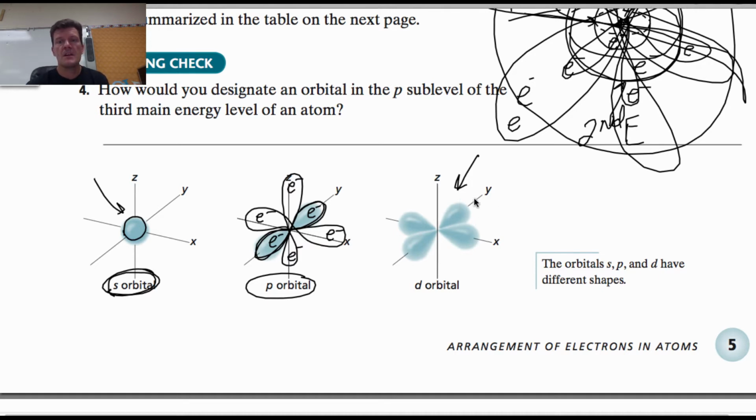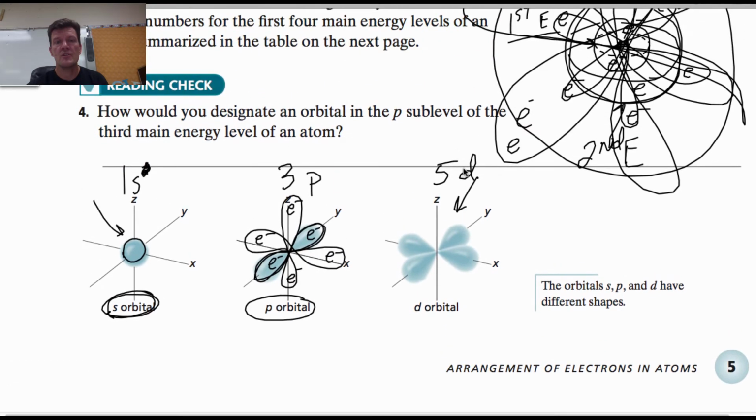I told you there's one s orbital in each energy level. When you get to the second energy level, you have 3 p orbitals. When you get to the d orbitals, that's going to start in the third energy level. The third energy level has 5 d orbitals.